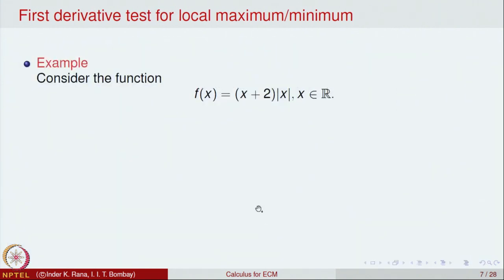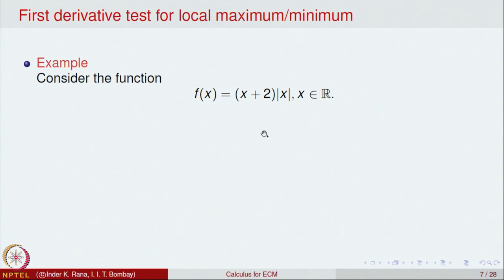So, let us look at this function f of x is equal to x plus 2 into mod x, x belonging to R. When you look at such a function, there is this term mod x, and we know that modulus of a number x is equal to x if x is bigger than 0 and it is equal to minus x if x is less than 0. So, this function is continuous everywhere because it is a product of two continuous functions, x plus 2 and mod x.